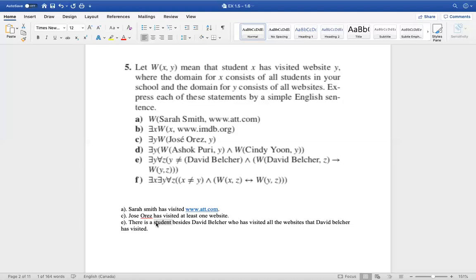The domain for Y consists of other websites, right? Yes. But when we look at the first portion of the statement, when we have Y different than David Belcher, how would you interpret it in English?